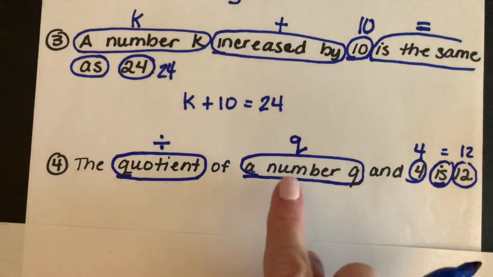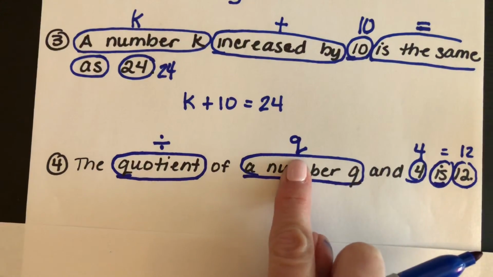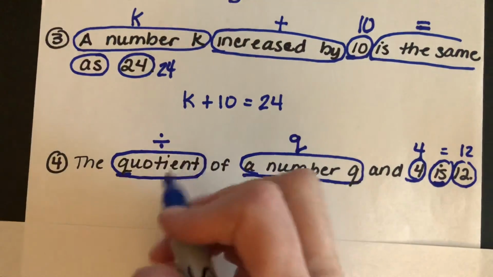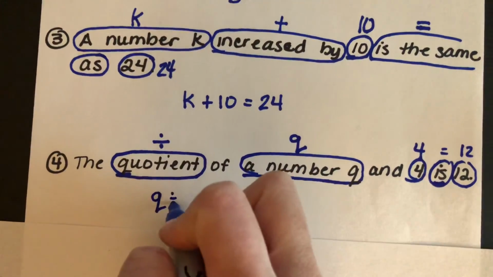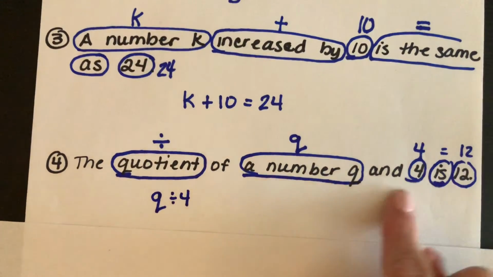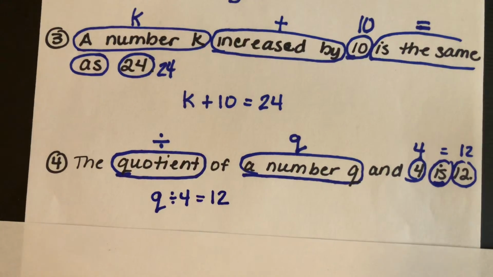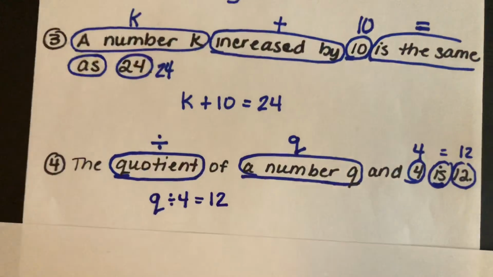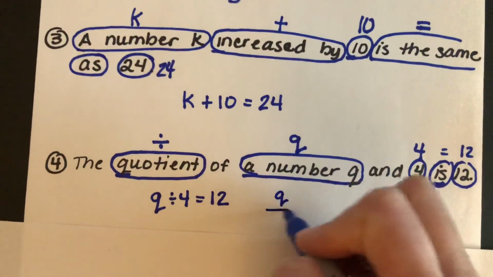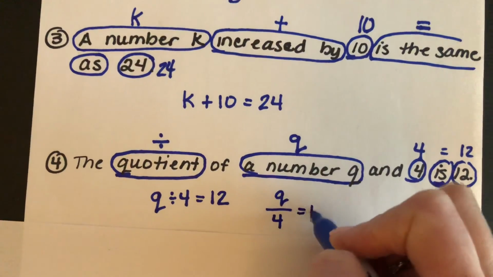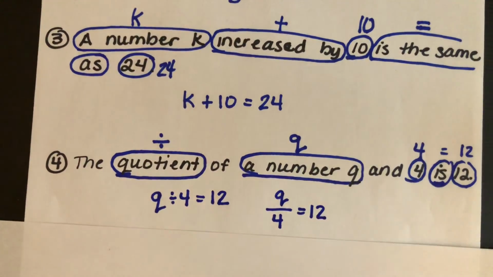So it's the quotient of Q and 4. So it's Q divided by 4 equals 12. So you can write it like that, or you can write Q divided by 4 equals 12. I hope this gives you a little bit better understanding.